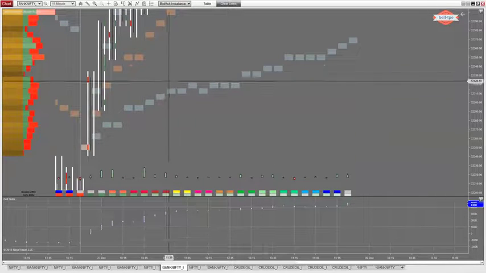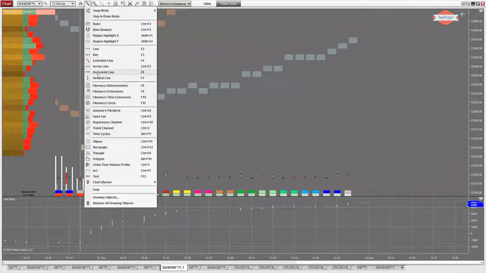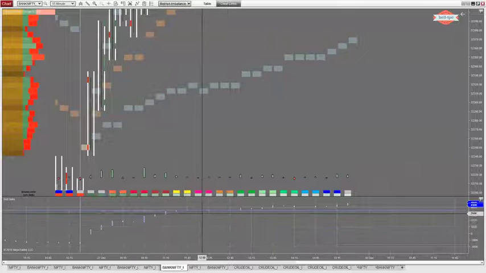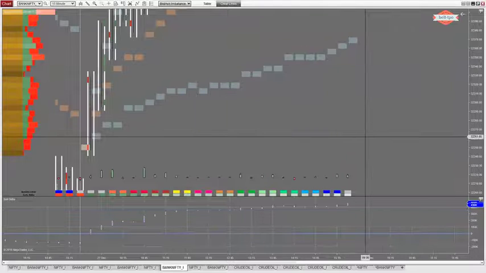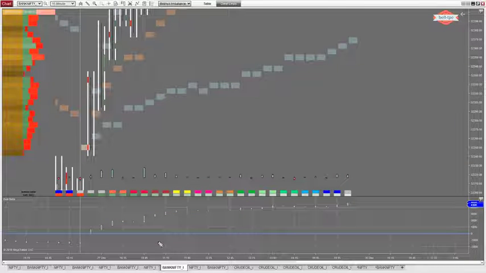You can see this is the zero mark. If I have to, we'll just plot a zero line here. All right. So you can see for the whole day, delta stayed above this zero line. It means the cumulative delta was positive throughout the day.